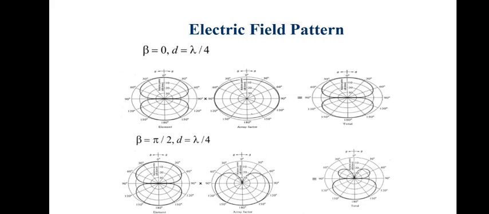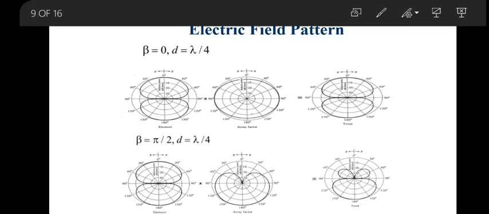The element factor is the same, there is no difference, but the array factor is a little bit different, and the product of these two will give the radiation pattern, with maximum in the third and fourth coordinates, and the minimum lobes in the first and fourth coordinates.